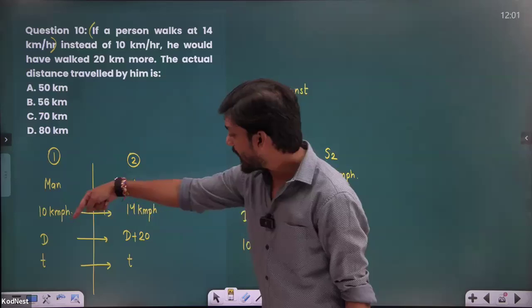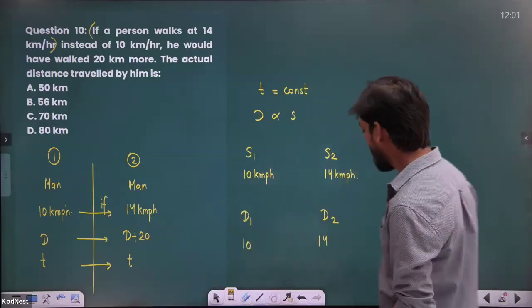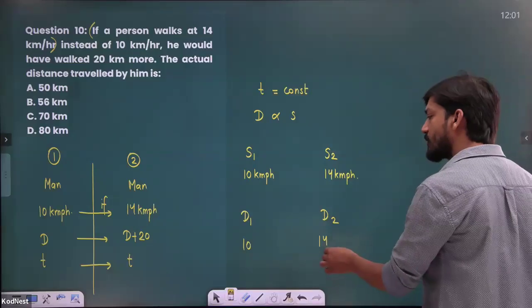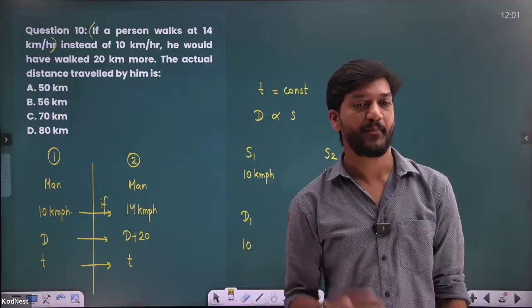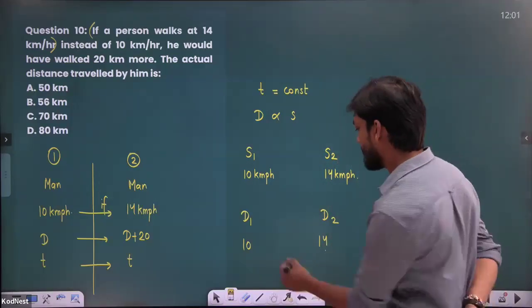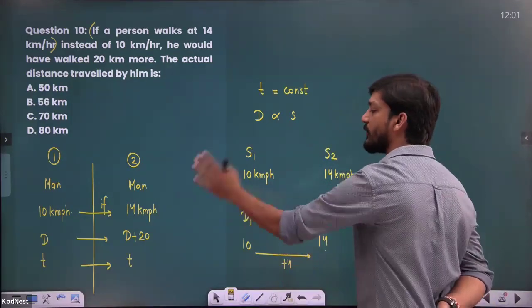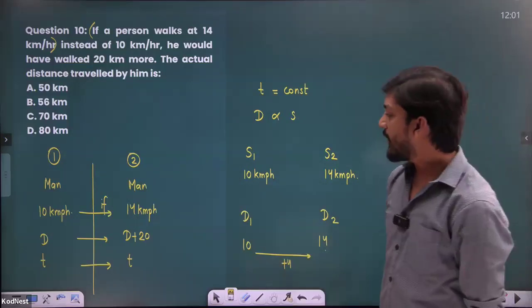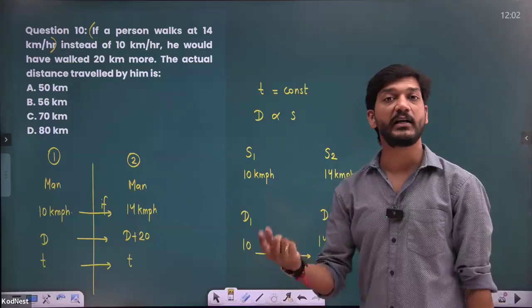In the second case, the distance should be 20 kilometers more. Will you say distance is 20 kilometers more than this? No. How much more it is? It is just plus 4. I don't want plus 4. I want plus 20. I want D and D plus 20, not 10 and 10 plus 4.